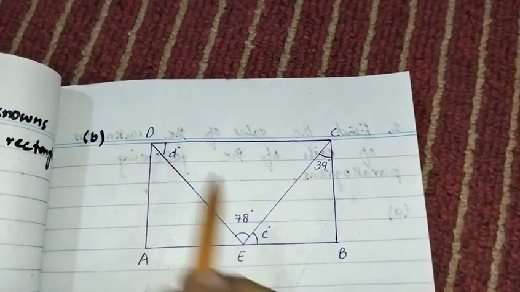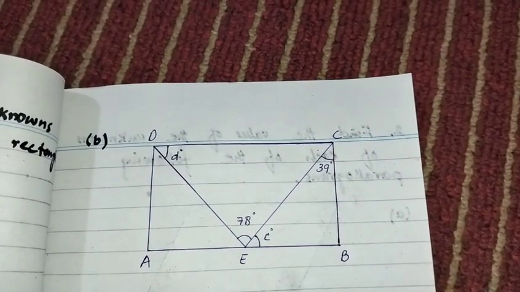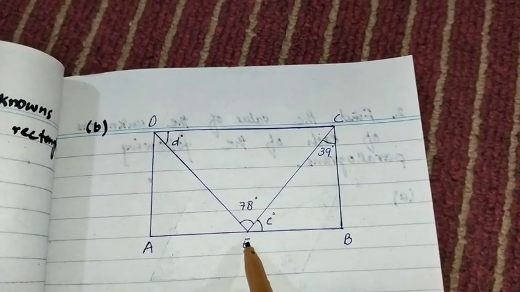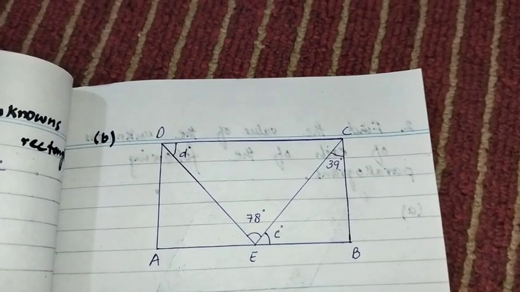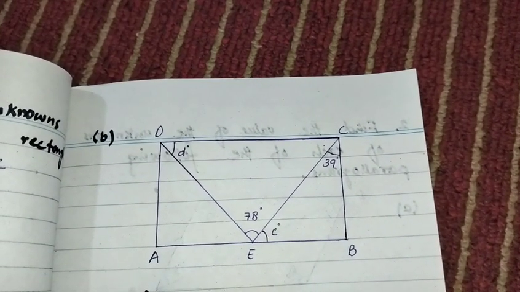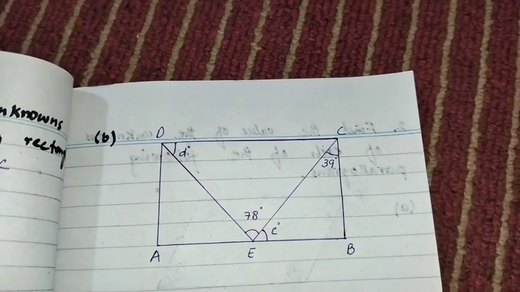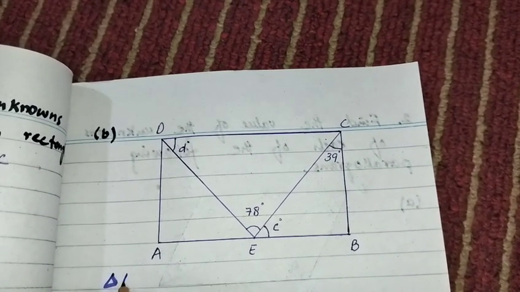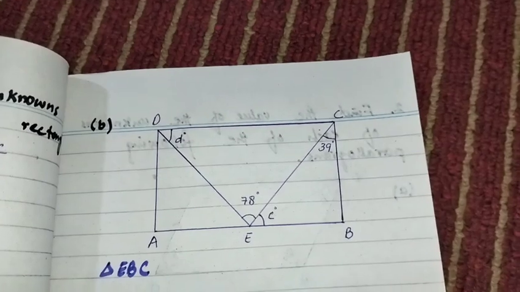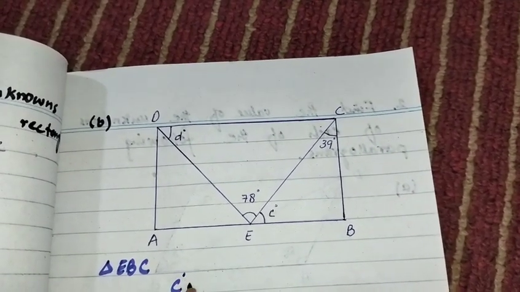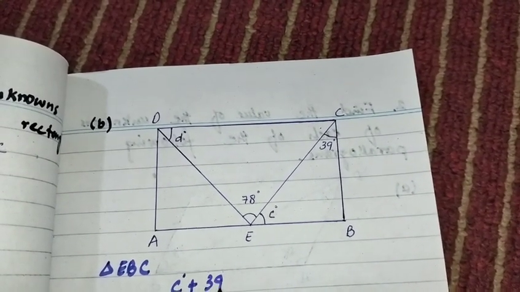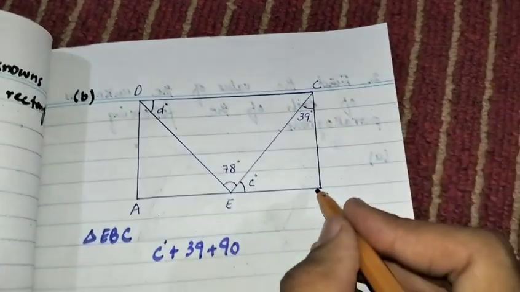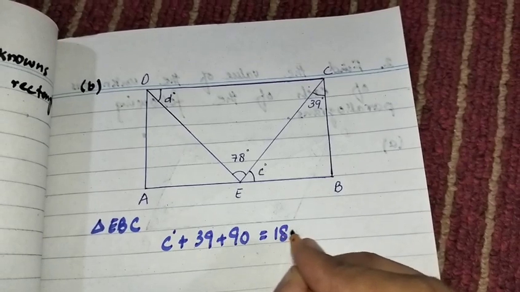We have to find D and C. First we will consider this triangle EBC. In this triangle, the sum of angle C, 39 degrees and 90 degrees makes 180 degrees.